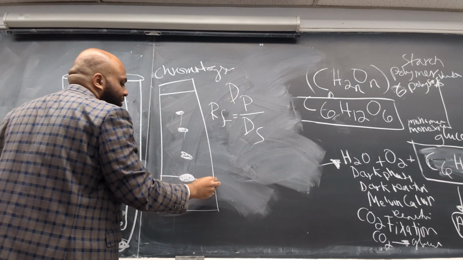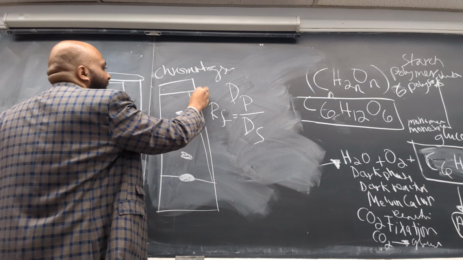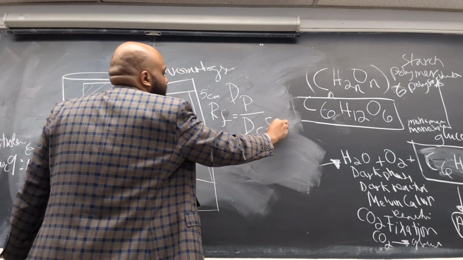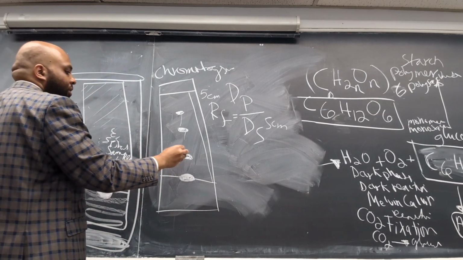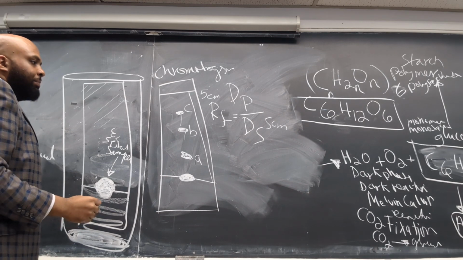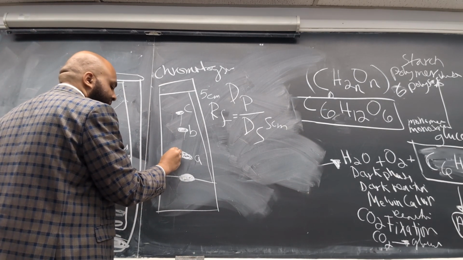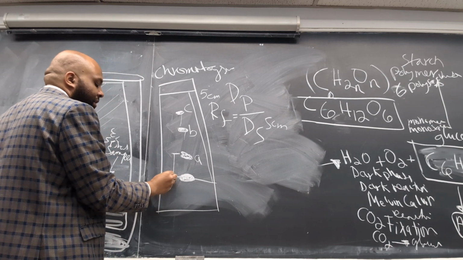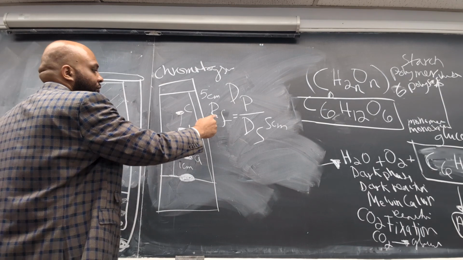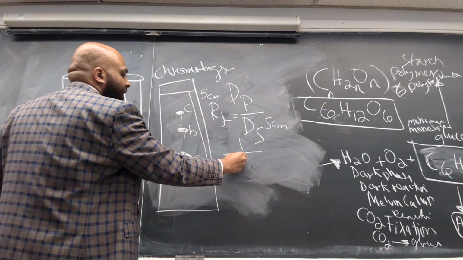So you're going to measure with a ruler. If the solvent goes up 5 centimeters, so that's 5 centimeters in the bottom, and you have chlorophyll A, chlorophyll B, and you have carotene, for example. Then you measure for A what's the distance that A traveled from its initial site. 1 centimeter, the RF for chlorophyll A will be 1 centimeter divided by 5 centimeters.